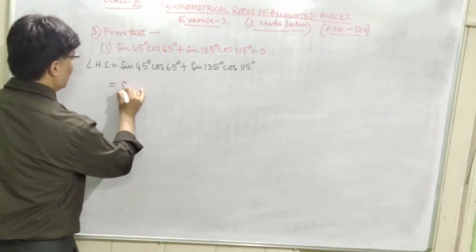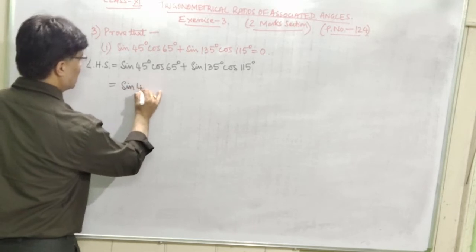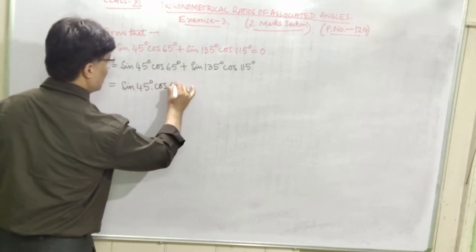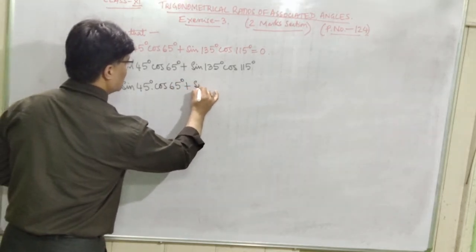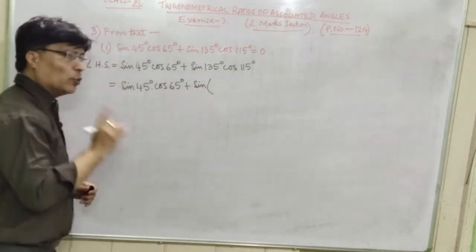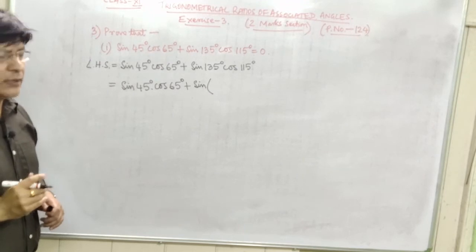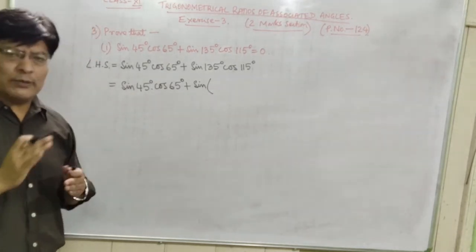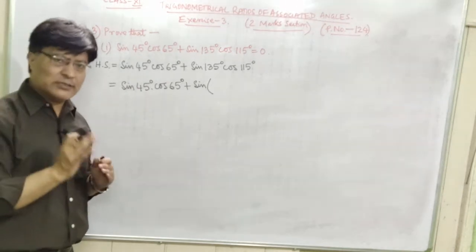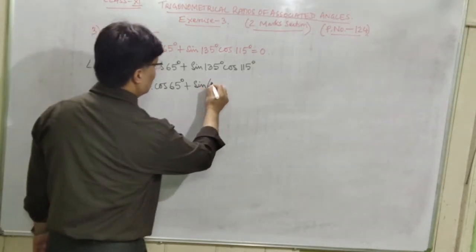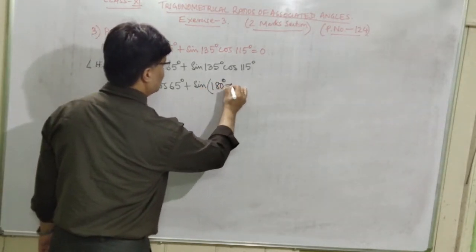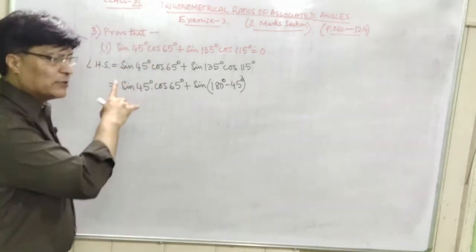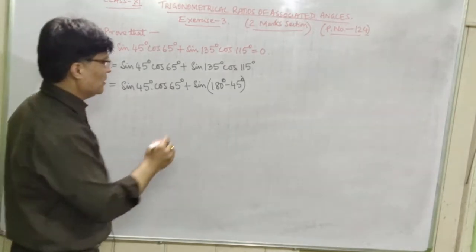So sine 45 degree, keep it as it is, and cos 65 also keep it as it is, plus sine 135 degree, how will you write it? Since you have to get the value here, you can write either 90 plus theta or 180 minus theta. Okay. So let us write here 180 minus 45 degree. So 180 minus 45 degree is your 135 degree.